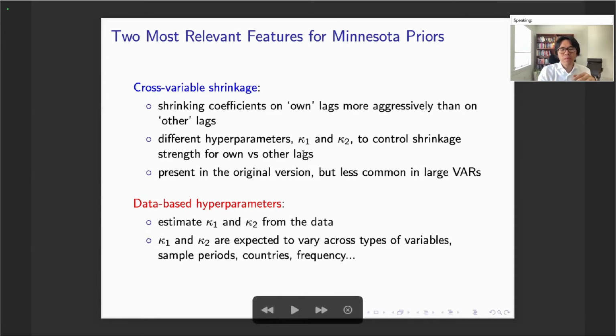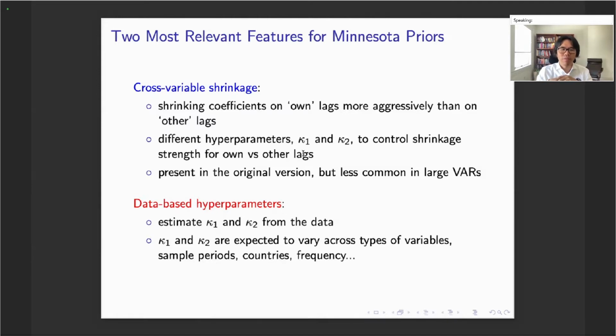In my talk later on, I will have two key parameters, kappa 1 and kappa 2, that control shrinkage strength for own versus other lags. Kappa 1 is for own lags, kappa 2 for other lags. When kappa is smaller, you shrink those types of coefficients more strongly to 0.